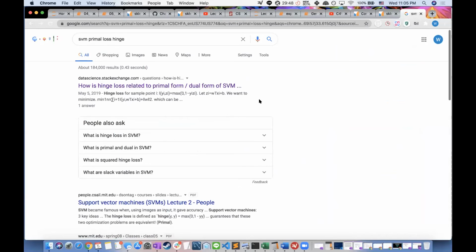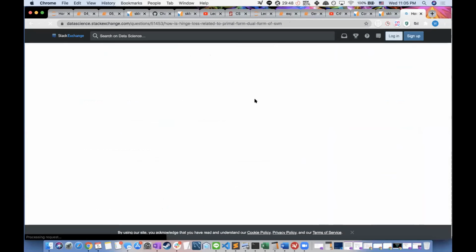Okay, see, how is hinge loss related to primal dual form? That's the question that Srinivas brought up.